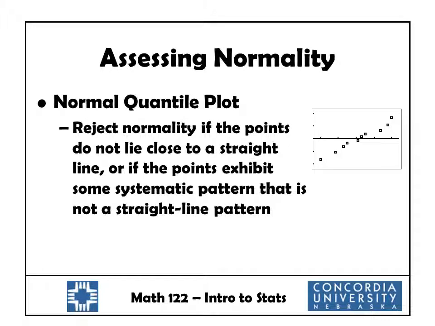And the way we interpret this is we look for a straight line pattern. Basically, a straight line pattern indicates a normal distribution. Something other than a straight line pattern or some other type of pattern indicates a non-normal distribution. So again, look for straight line patterns. If it has a straight line pattern, then that's an indication the population is normally distributed.